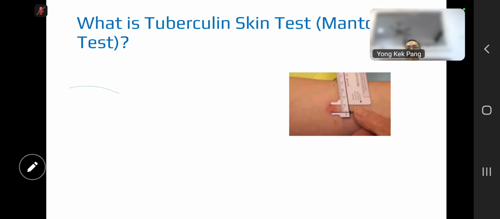I would like also to touch on a test that many of us have done, whether knowingly or unknowingly, for the identification of TB. What is the tuberculin skin test, or the Mantoux test?